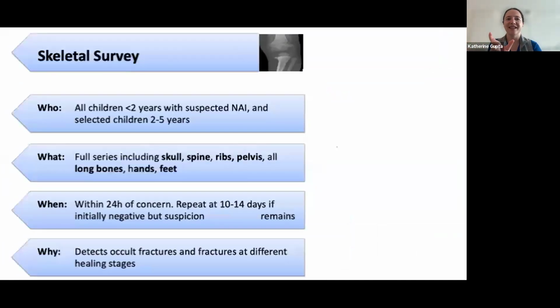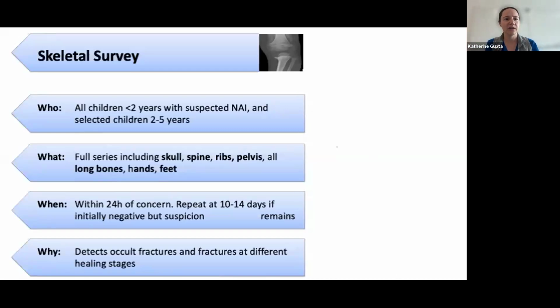When it says full series, it's as though you were getting an x-ray of the hand, where you would normally get multiple views, and an x-ray of the long bones, where you would get multiple views. So it's many, many views. At my institution, this ends up being about 22 different x-rays in a skeletal survey. So it's not just a baby gram or a baby on a plate.